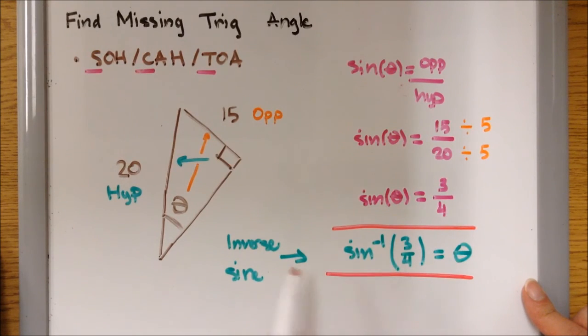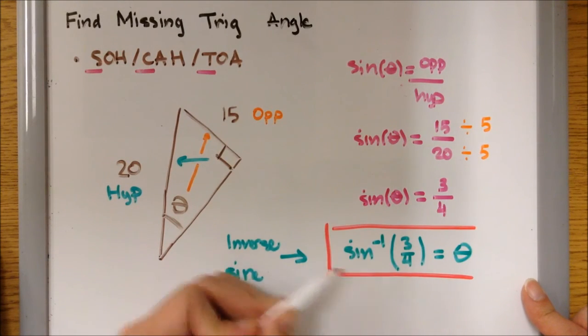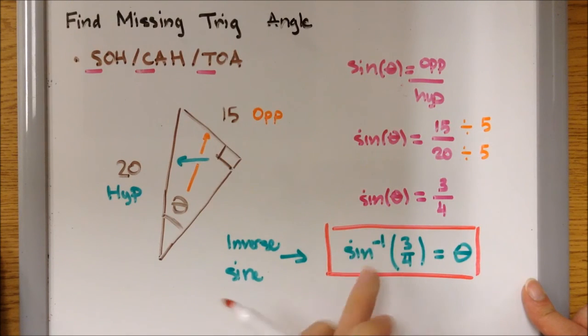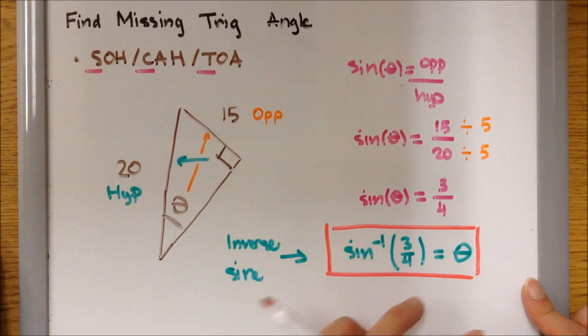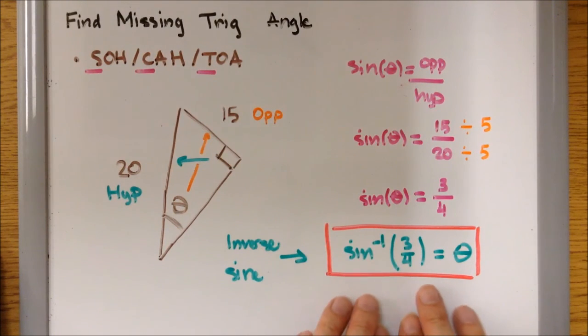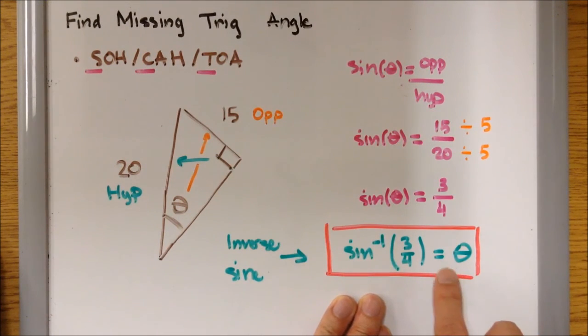And if you were to use a calculator, all you have to do is simply plug in sine of -1 parenthesis 3 over 4 close parenthesis. Now if you're using the inverse function, make sure it has that -1. But all you have to do is just set it up so theta is equal to sine of -1 of 3 over 4.